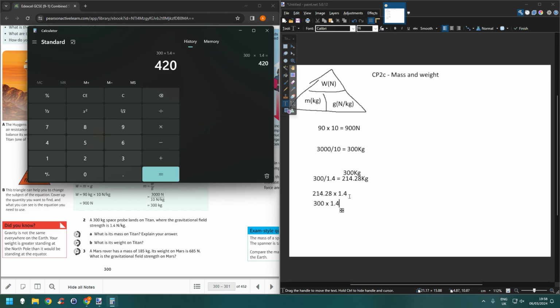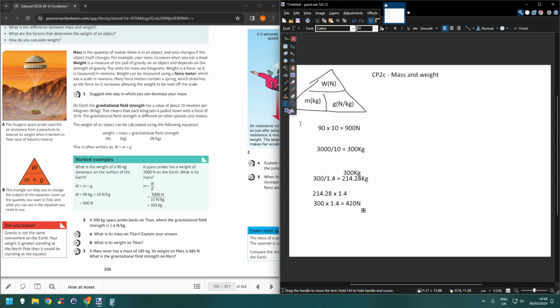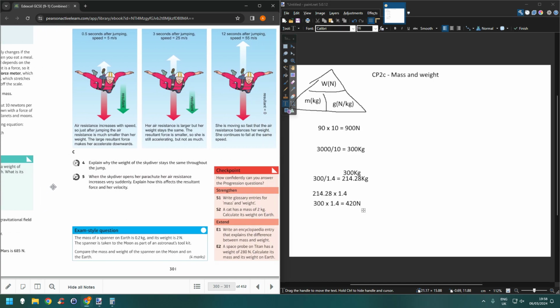And that gives us 420. So if I just go back to here, equals 420. So 420 newtons is our answer. The weight on Titan is 420 newtons.